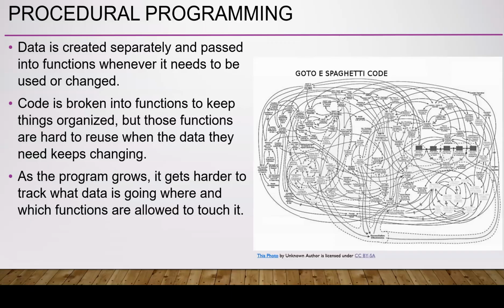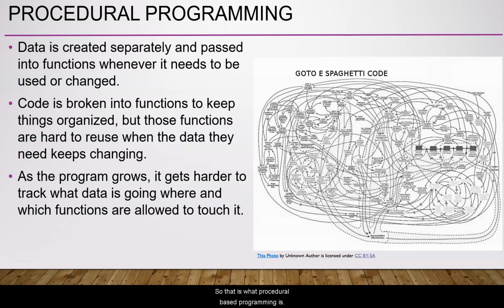This works really well for small little programs, and most of the things that we've been doing so far have worked well in that. But if you've heard of anything called spaghetti code, procedural programming becomes an issue when you start going into larger projects, right? That's part of the reason why we started breaking things up into separate files for different functions, because if you try to have them all in one big file, it's a lot of scrolling and trying to find what you want. So having separate files for each one of those helps the organization of it, right?